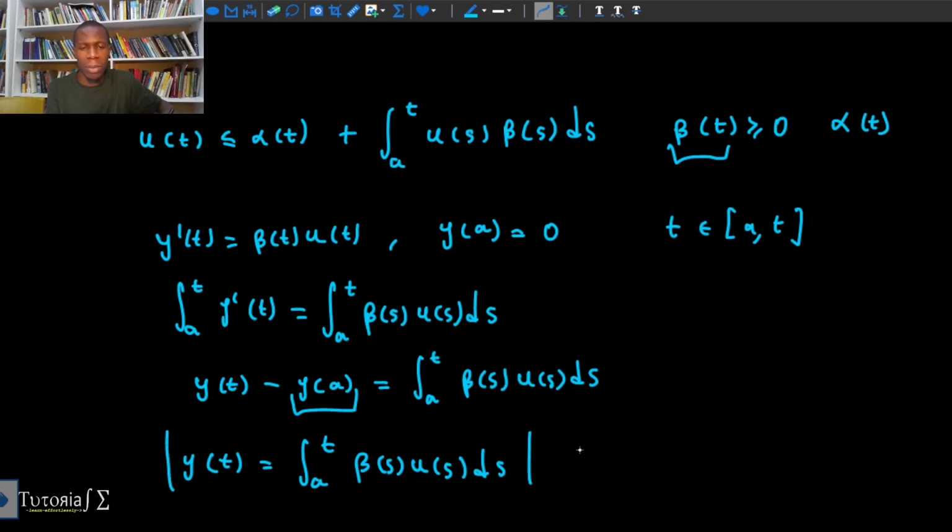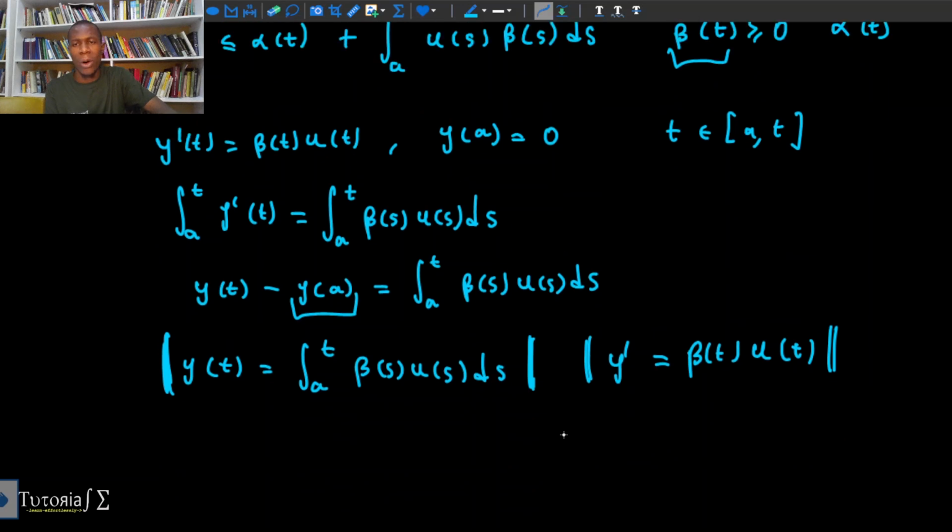Let me put it in bars like that. Then we also have our y prime, which I'll also put in bars, y prime, which is equal to beta of t u of t. So we have this, and we also have our u that I'll write down here.